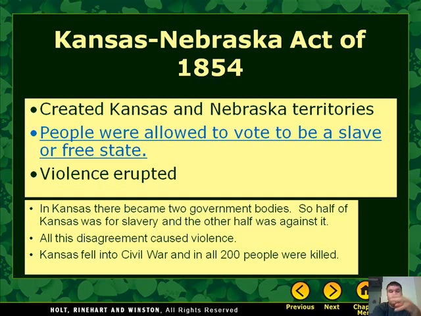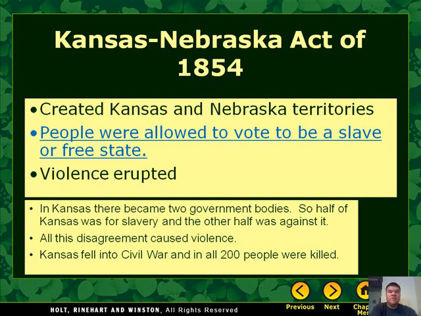So you had people that were for slavery coming into the state, and you had people that were against slavery, and eventually these two groups got in contact with each other, and violence occurred. And when violence happened, Kansas fell into this civil war where about 200 people were killed. And through the course of the Civil War, Kansas had two governments. It had a free government and a slave government because of that.